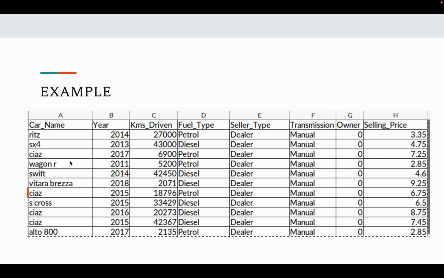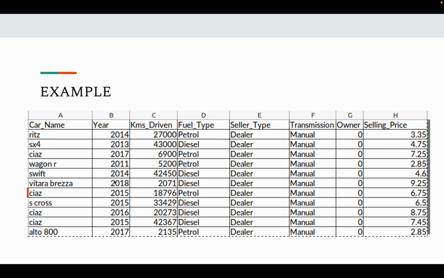For example, we can consider two car names, maybe the Swift and the Alto 800. If we consider only these two model names, forget about all the other independent features, we know that the selling price of the Swift is higher than the Alto 800, right?